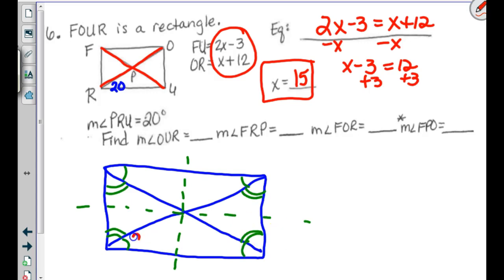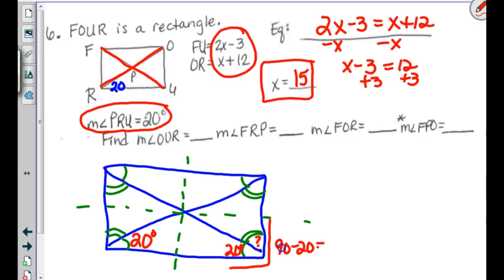So when we put this 20 degrees in here that they give us here, it wants to know what OUR would be. OUR is here. Well, that 20 matches this 20, and if it's a rectangle, this is a 90, so OUR is 90 minus 20, or 70, and that means there's a whole bunch of 70s and 20s and 90s in this picture. So this one was 70.